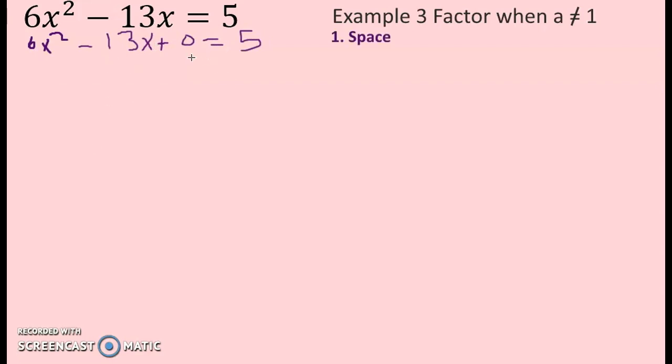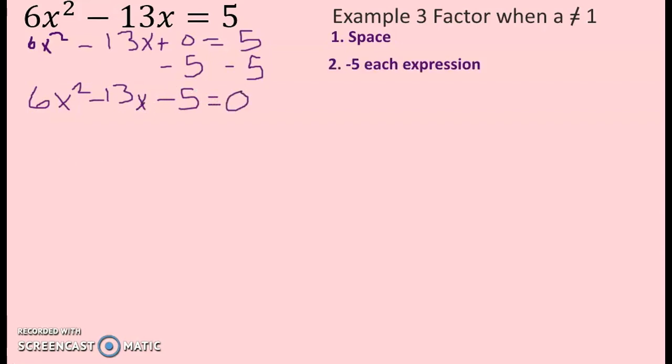Step 2, we want to move the 5 to the other side, so we subtract 5 from each expression. So we have 6x squared minus 13x minus 5 equals 0.